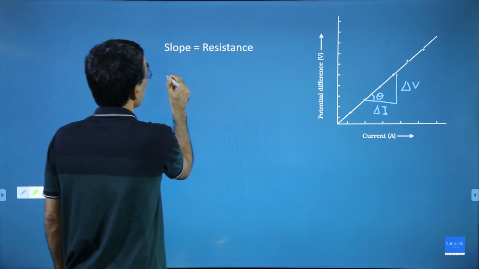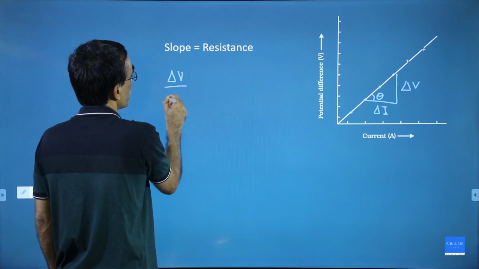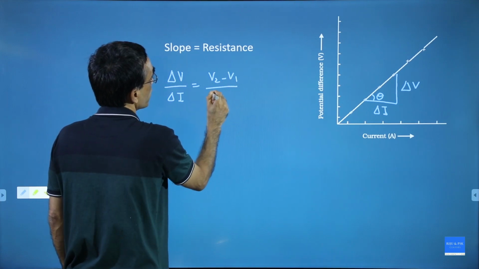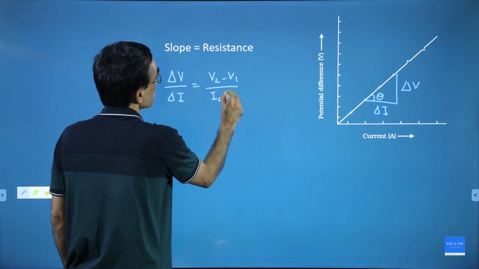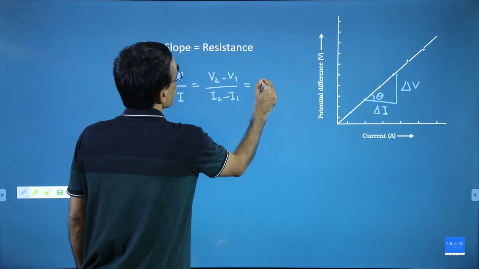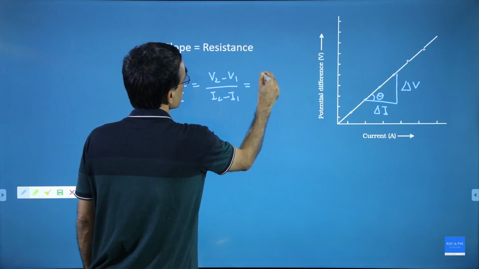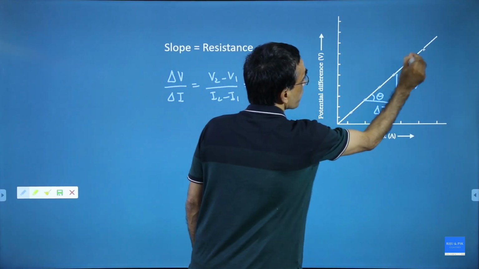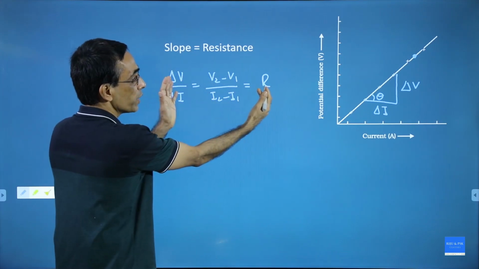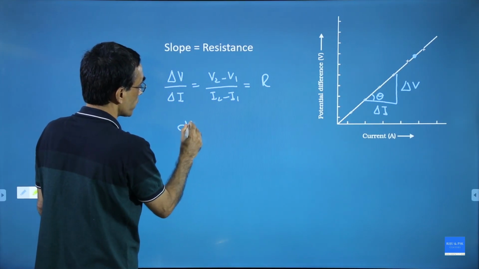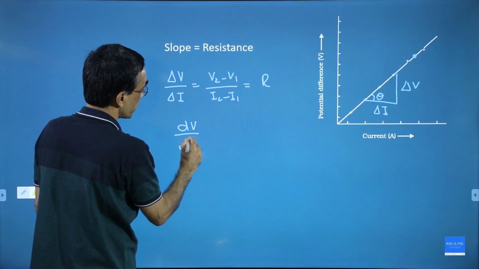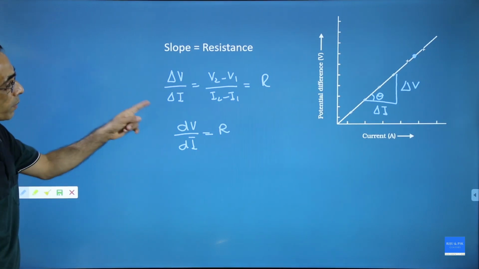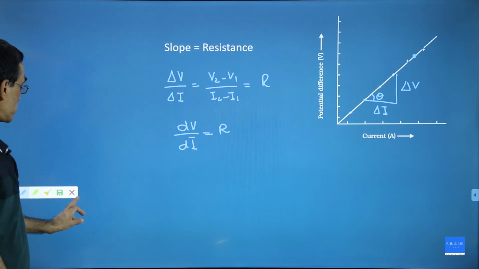So, the slope can be calculated as delta V by delta I, which is equal to V2 minus V1 divided by I2 minus I1. This gives you the slope. This is resistance. If you want the slope at a particular point, then you know this is the slope between 2 points; at a particular point you get it as dV by dI. This is also equal to R. The slope of the line gives you resistance.